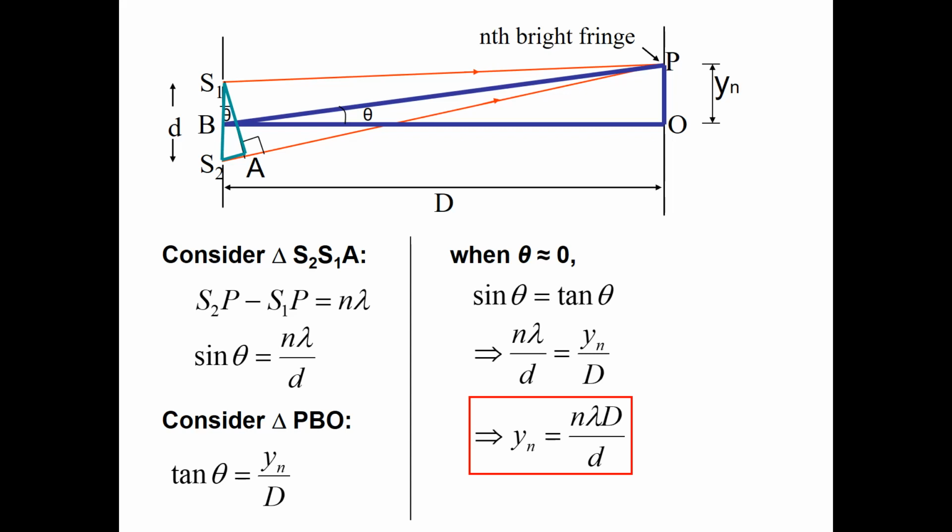Yn, the distance from the central maximum to the nth order maximum, is given by n lambda big D over small d, where n is the order of the bright fringe, lambda is the wavelength of the light used, big D is the distance from the two slits to the screen, and small d is the distance between the two slits.